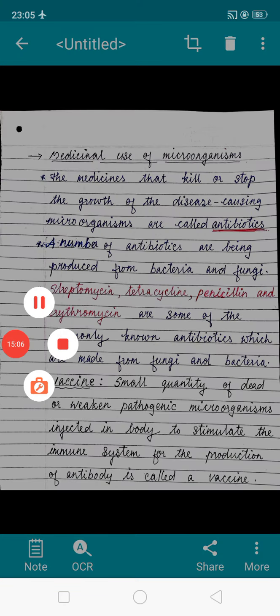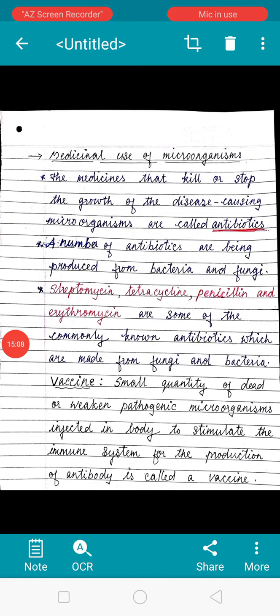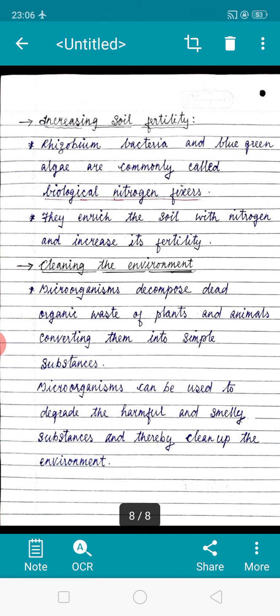Now, next is the role of microorganisms in increasing soil fertility. Microorganisms are very useful in increasing soil fertility.